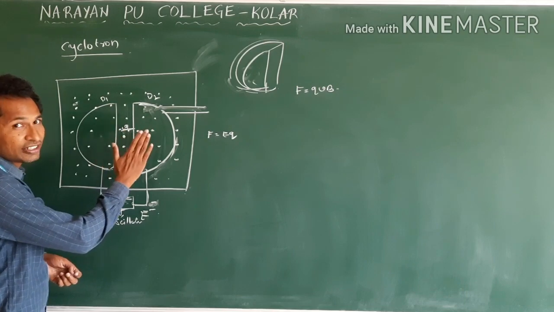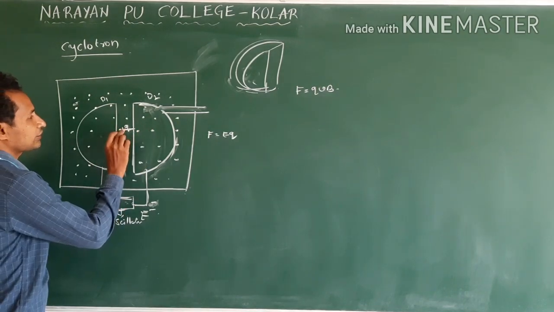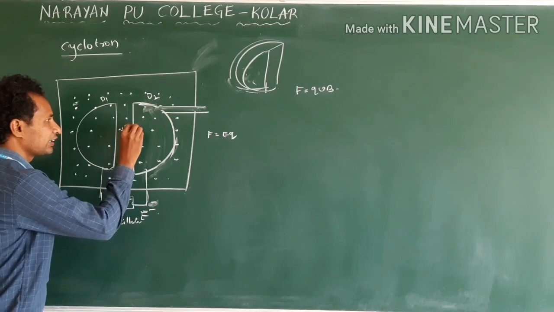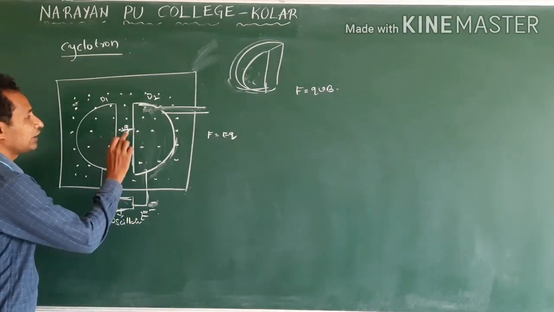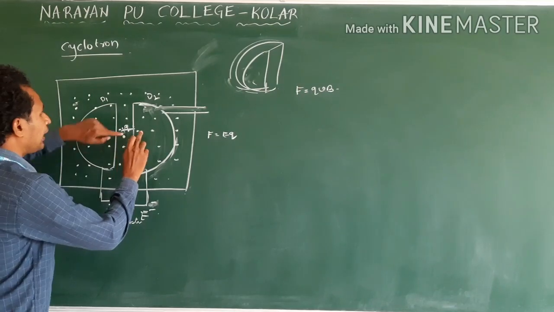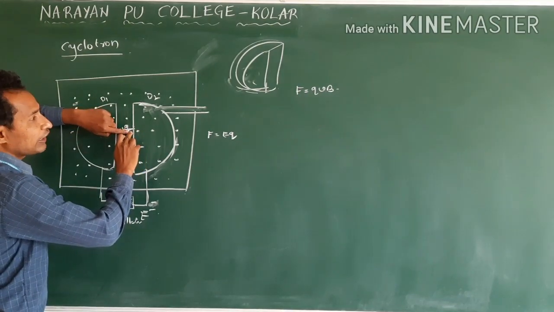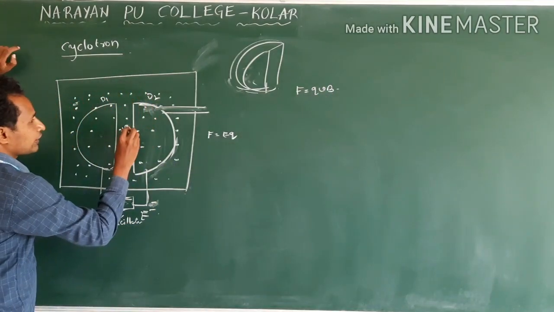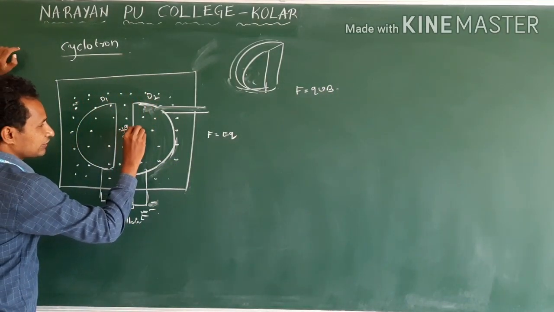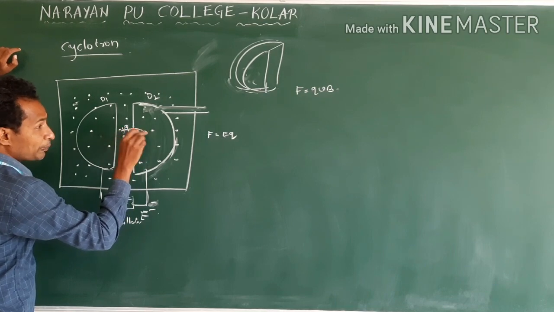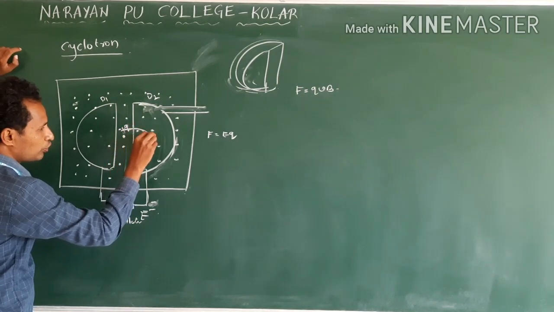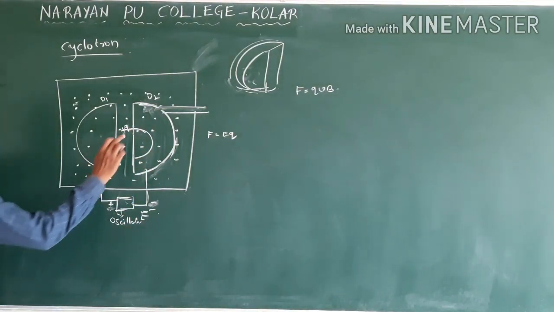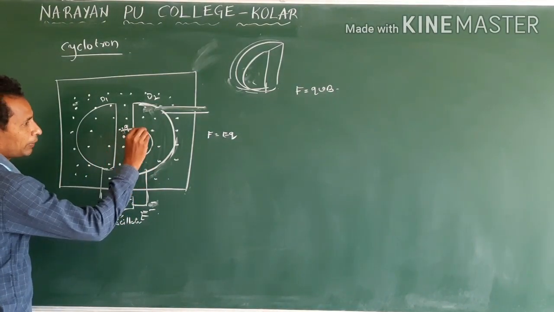It gains velocity until it enters the D. It accelerates, and as soon as it attains velocity, due to the magnetic field it changes its direction. Both are perpendicular, then it follows a circular path.